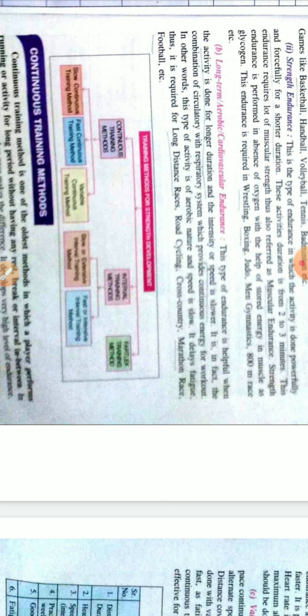And variable continuous training means it is a combination of slow and fast continuous, means sometimes doing the training slowly and sometimes fast. Interval training methods are of two types: long term, short term interval, and fatigue training methods. These are the methods to develop endurance.